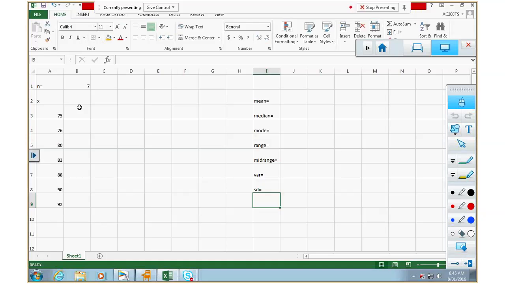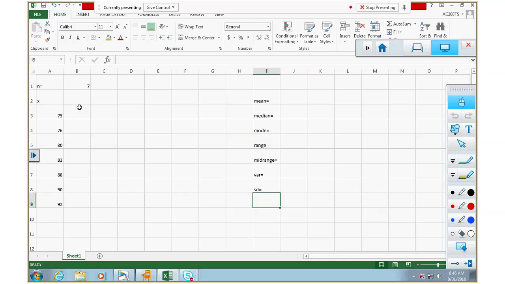Now, with a data-driven set, meaning test scores, meaning weights of fruit flies, meaning, I don't know, ages of people in the class, anything that looks like test scores, data-driven. That means you can find all of these things, and I will test you on all of these things.